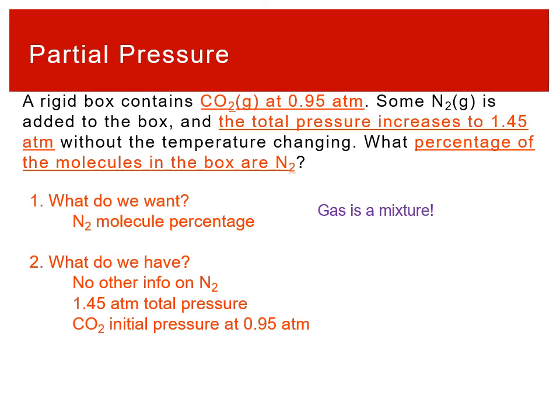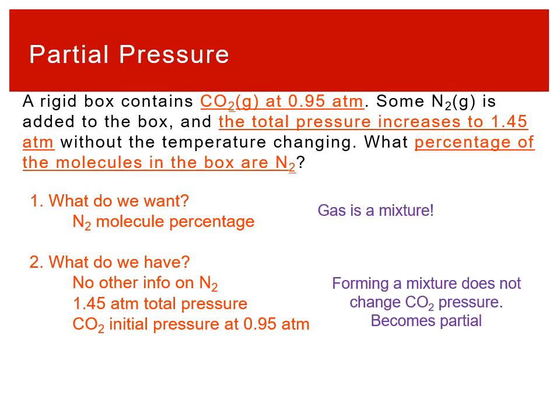Very nice. We are also told that the CO2 was initially at 0.95, right? This box contains CO2, and then something gets added to the box, and now we know the total pressure. We formed a mixture. It was initially just CO2 gas and it had some pressure. Now there's N2 in it. It's a gas mixture. But important to note that the CO2 just becomes a partial pressure. It was by itself, now it's in a mixture. The idea of a partial pressure is what would the pressure be if the gas was by itself?